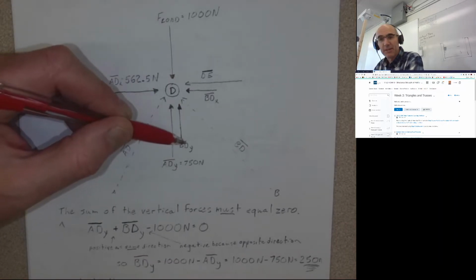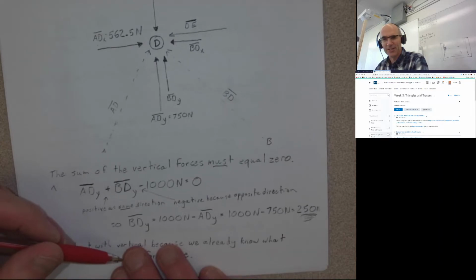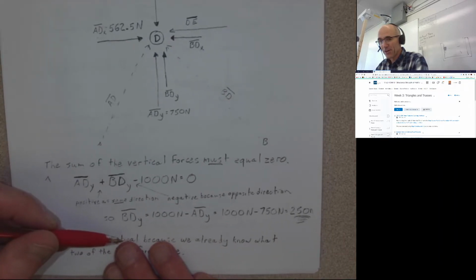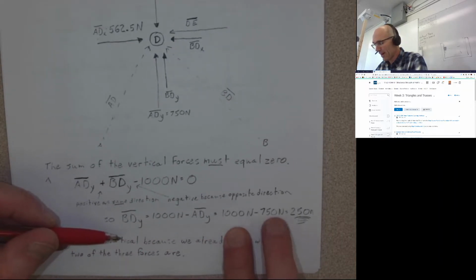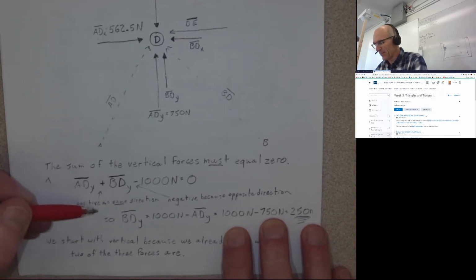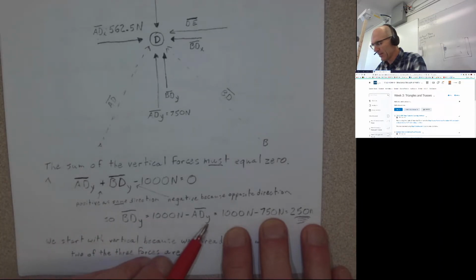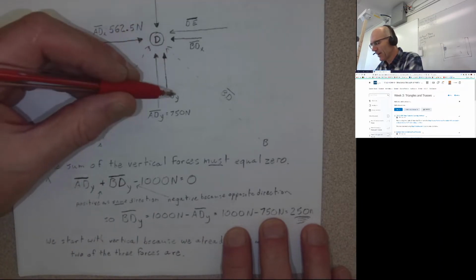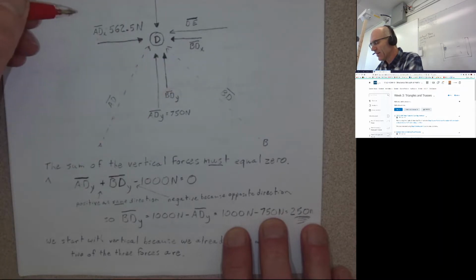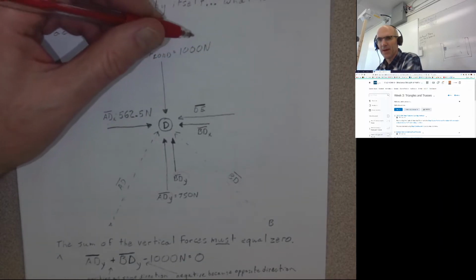And we've got BDY, which we don't know unless we do the incredibly sophisticated calculation of saying, well, if they've all got to equal 0, 1,000 minus 750 has to equal 250 newtons. So BDY has to be 1,000 minus ADY. So this number here has to add up to this number here to balance off against this number here.